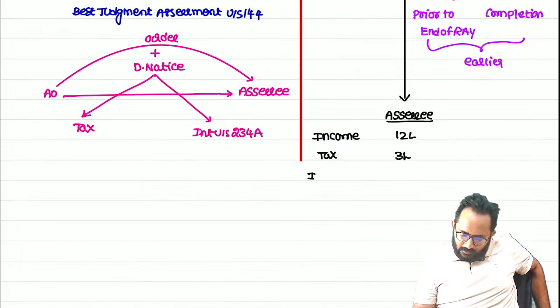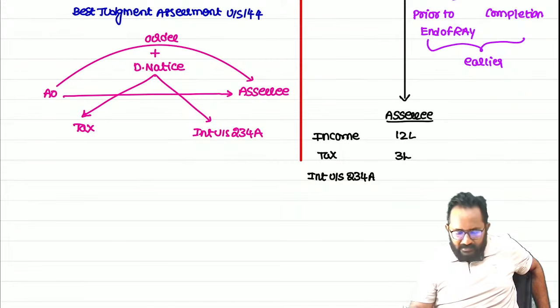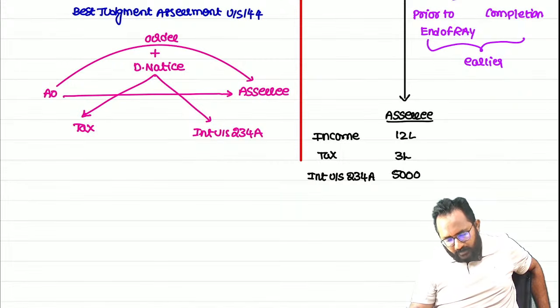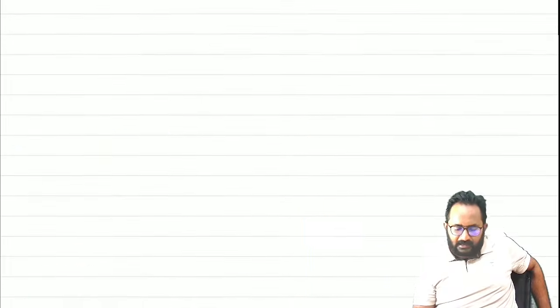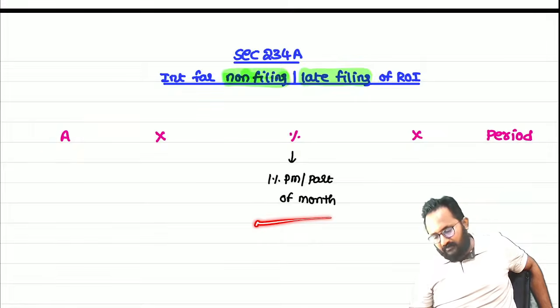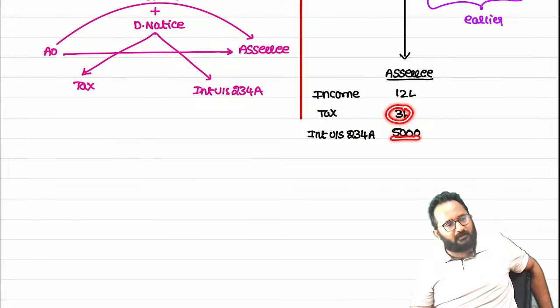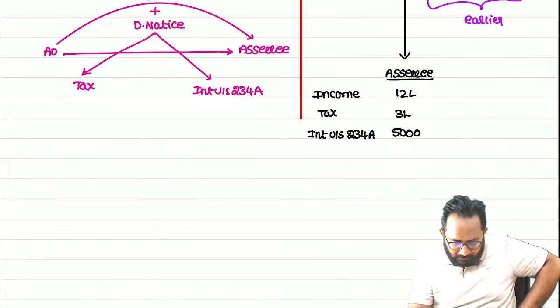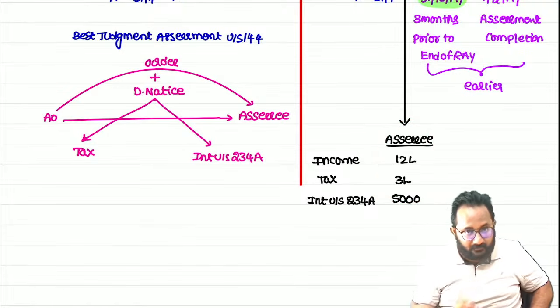Based on this, if we calculated interest under section 234A, SSC computed 234A interest, that we got how much, 5,000. Because on this amount we calculated interest. Because he is saying that, sir, our tax is itself what? 3 lakh. On 3 lakh we calculated what? Interest. So that's why, yes, on that how much we got? 5,000.